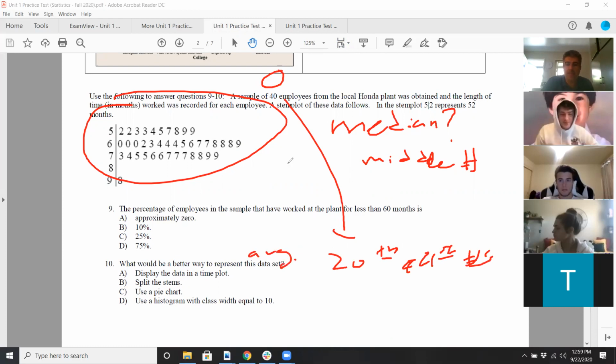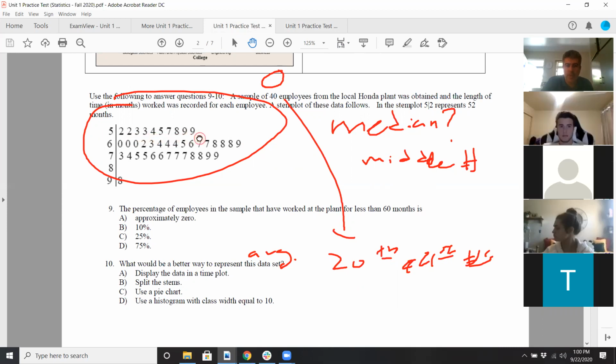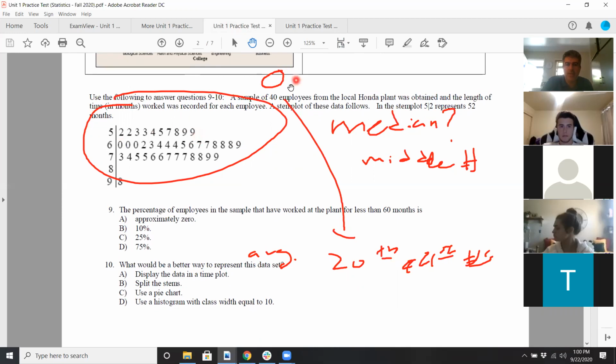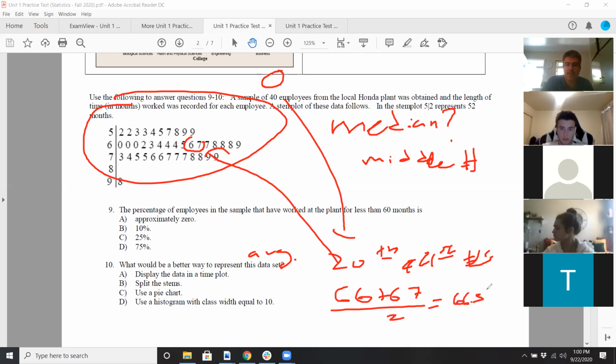So you just count it. 1, 2, 3, 4, 5, 6, 7, 8, 9, 10, 11, 12, 13, 14, 15, 16, 17, 18, 19, 20, 21. So the 20th and 21st numbers are right there. If you average that, that's 66 plus 67 divided by 2, and you get 66.5. That's how you find the median from a stem plot.